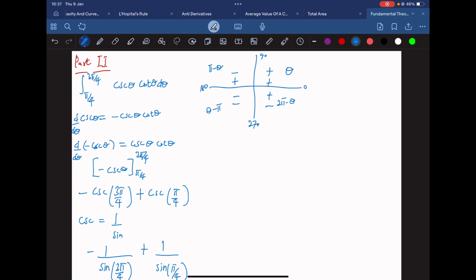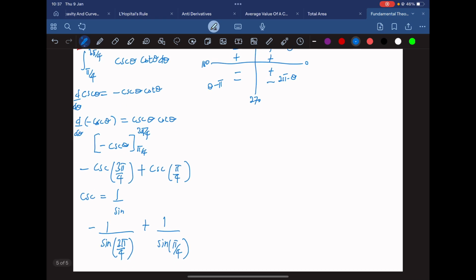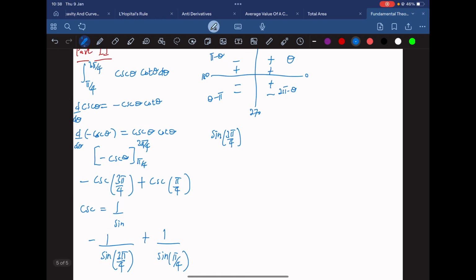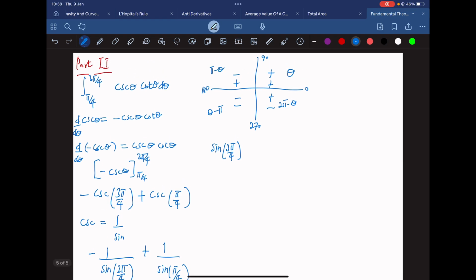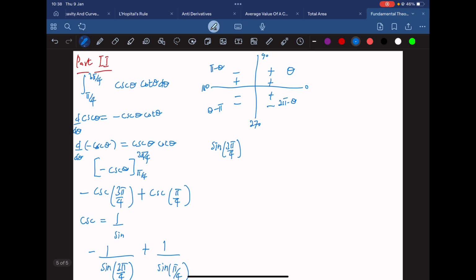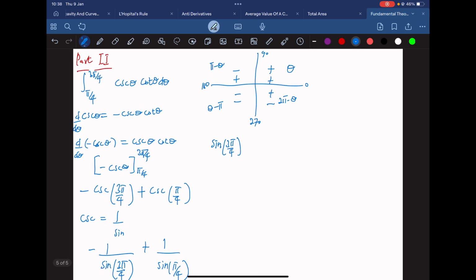So why am I doing this? I'm doing this because over here, let's simplify. We want to find sine of 3 pi over 4. And remember, 3 pi over 4, where can we find it? 3 pi over 4 is somewhere here, right? Okay, so it is in our second quadrant.